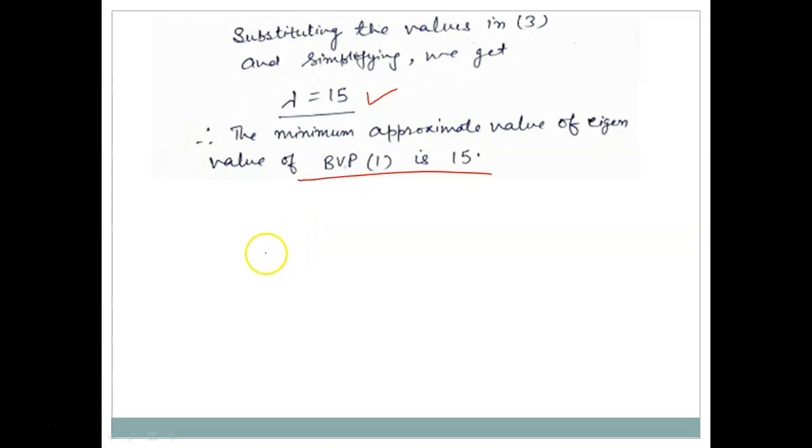Now in this problem there is one issue. Here I have not verified whether this approximate value of lambda is close to the exact value. I have not verified it because in this situation the solution becomes a bit complex.